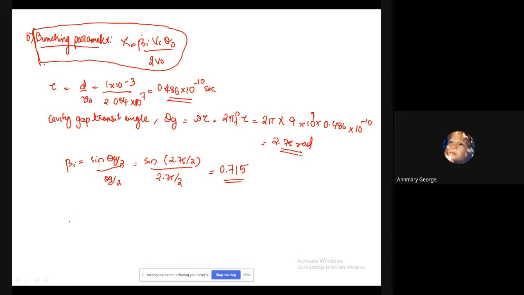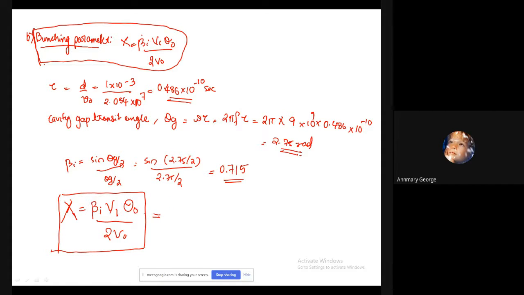So finally we can find the bunching parameter. The bunching parameter X equals beta I V1 theta 0 by 2 V0. This is the equation for the bunching parameter.